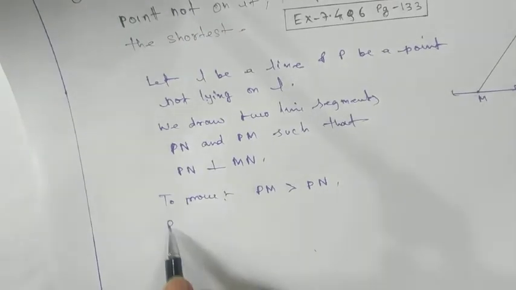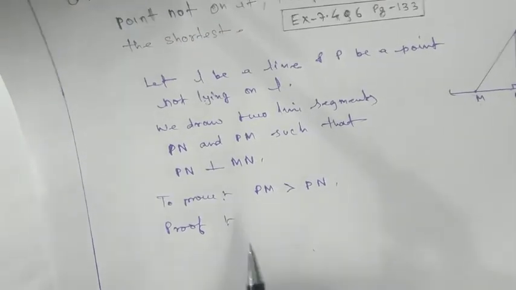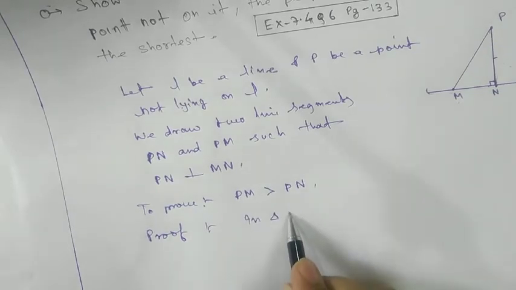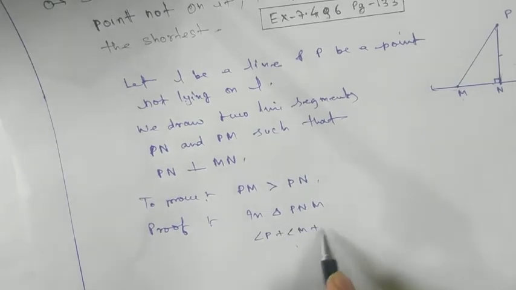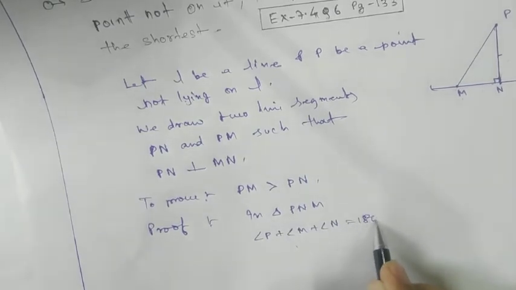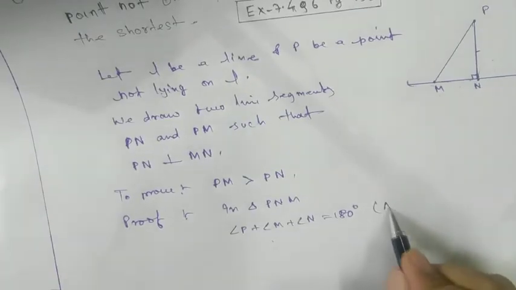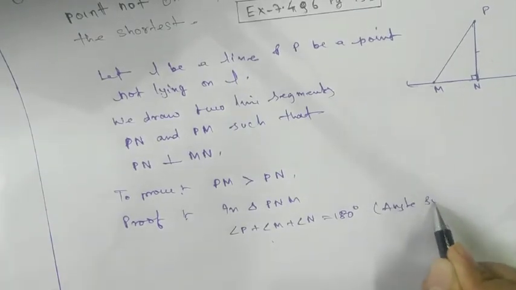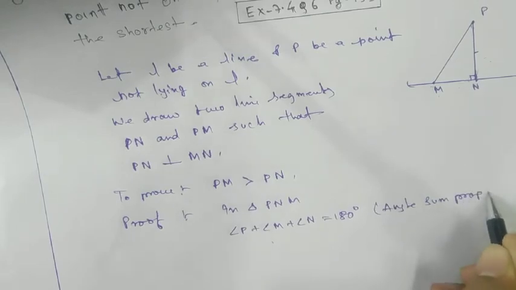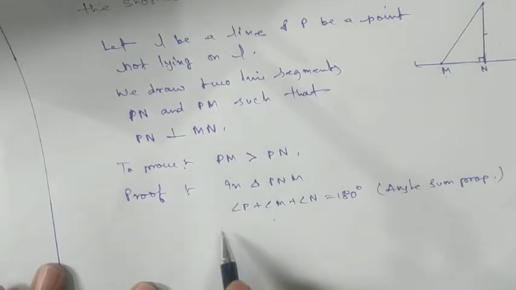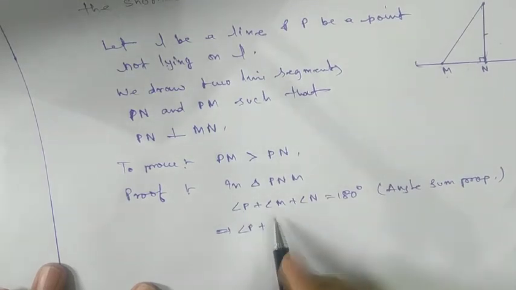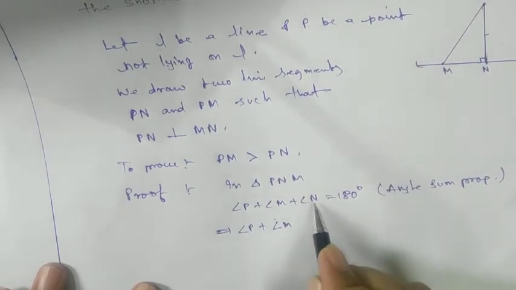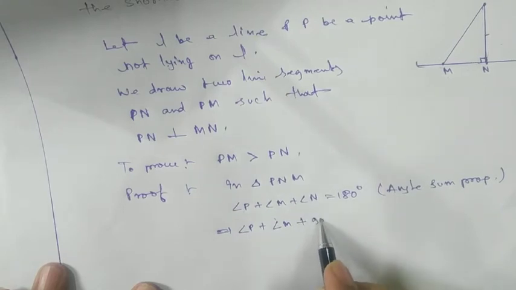Okay, so let's start. So here in triangle PNM, we have written angle P plus angle M plus angle N equals 180 degree, by angle sum property. Angle P we don't know, keep it here. Angle M we don't know. We know N is 90 degree. This implies P plus M gives you 90 degree.